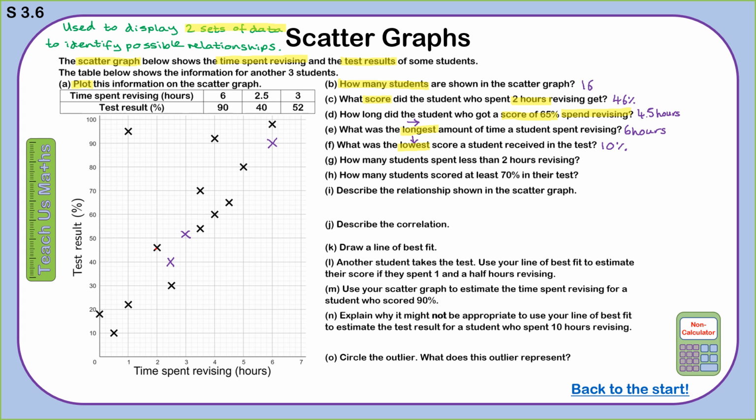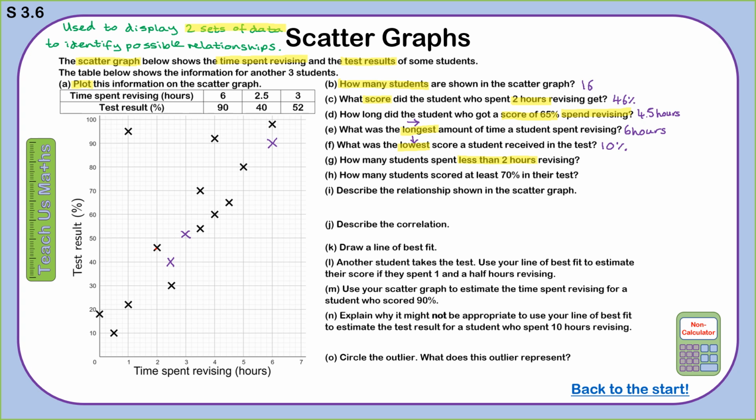Part G. How many students spent less than 2 hours revising? So we need to be careful with the wording here. Less than 2 hours revising means that that doesn't include people who spent exactly 2 hours revising.